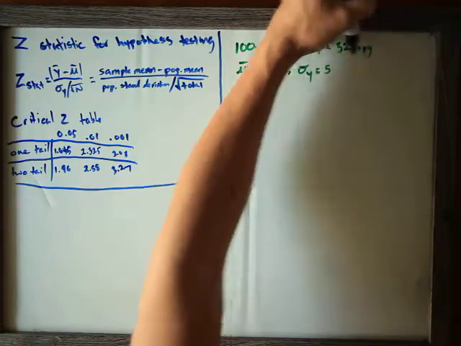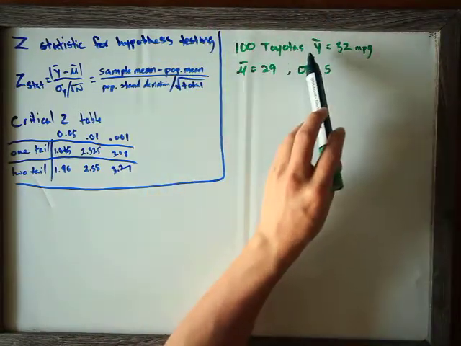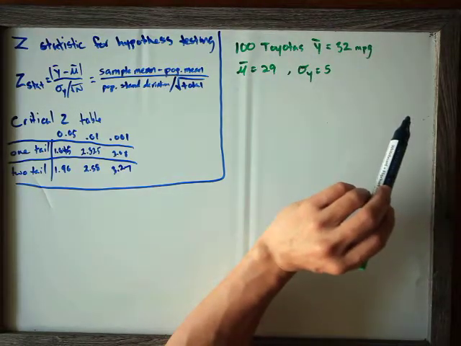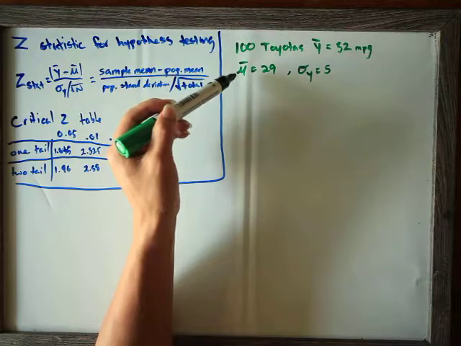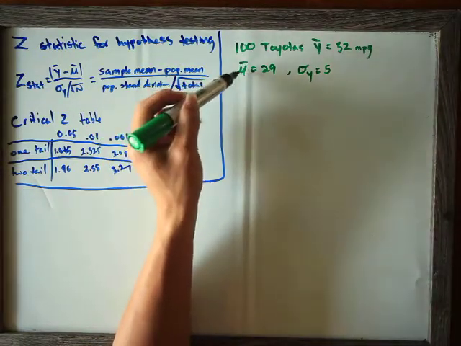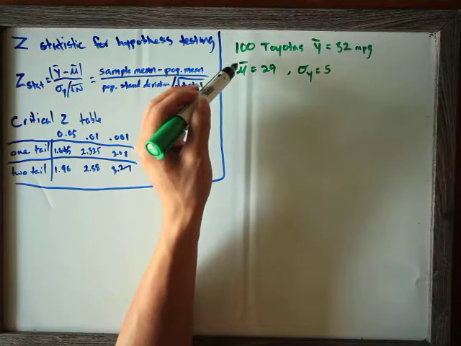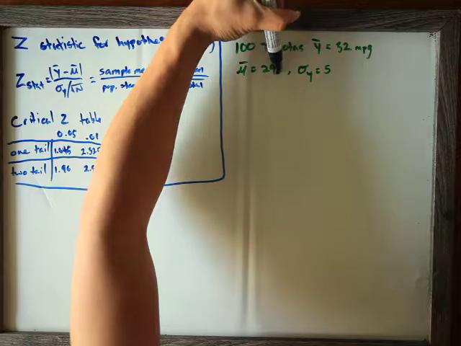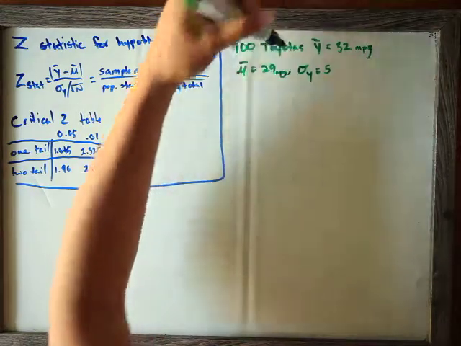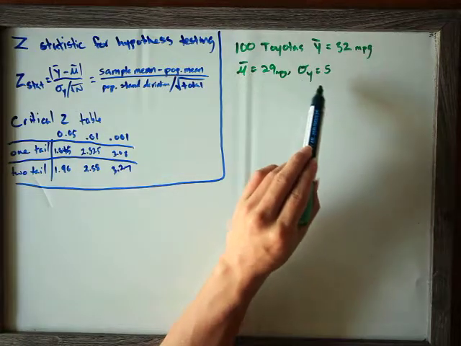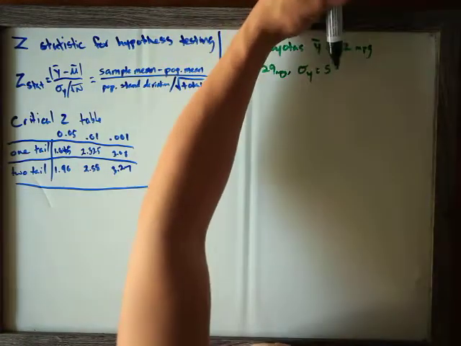We also know that the average miles per gallon of all cars, the population mean, mu, is 29 miles per gallon. And the population's standard deviation is 5 miles per gallon.